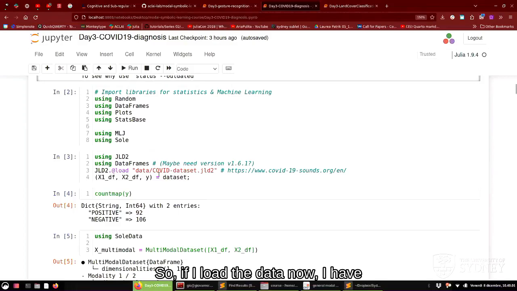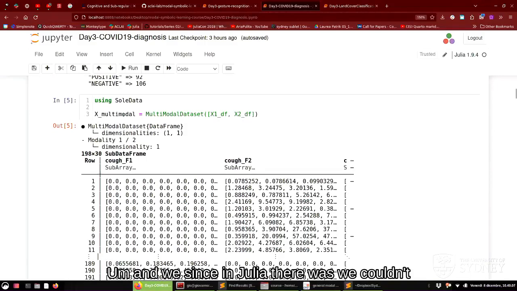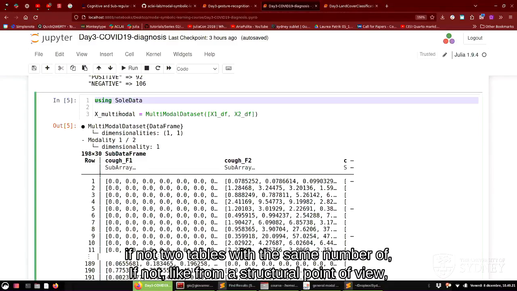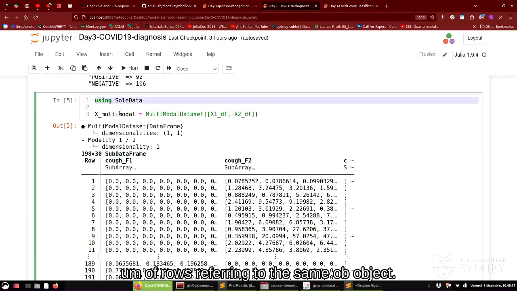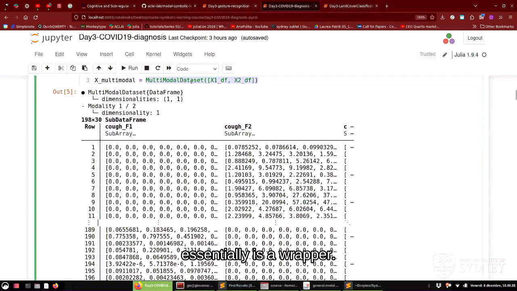So if I load the data now, I have two tables, of course, and since in Julia we couldn't find a way of representing multimodal data in a clear way, where what is a multimodal data set, from a structural point of view, if not two tables with the same number of rows referring to the same object, the same patient in this sense, we had to build something that is essentially a wrapper for a vector of data sets.